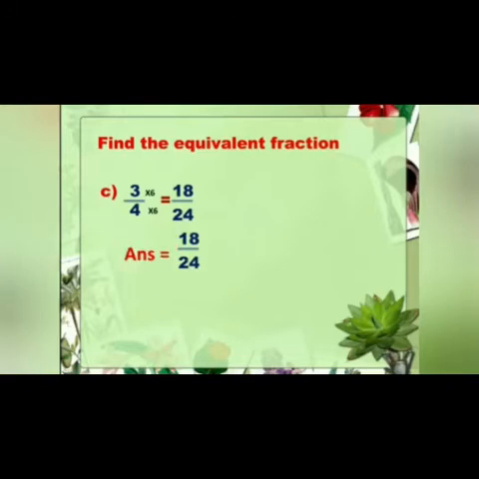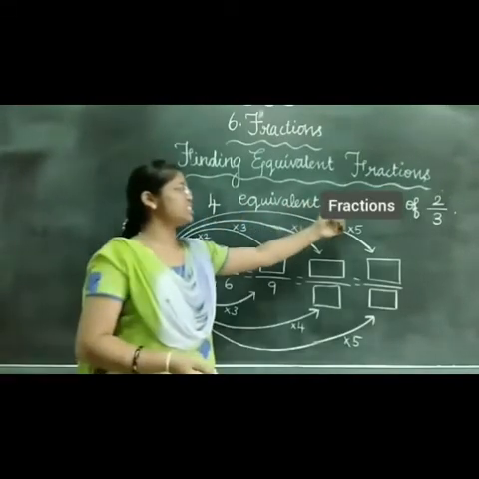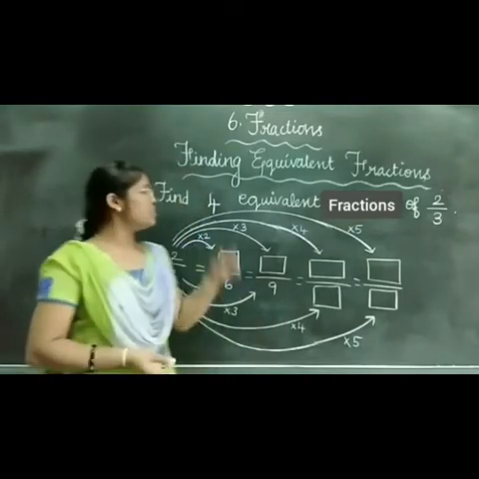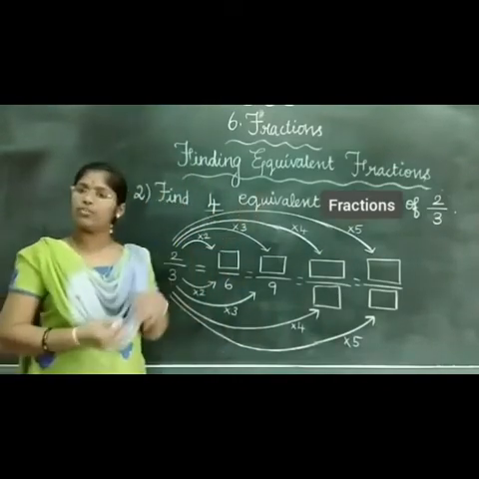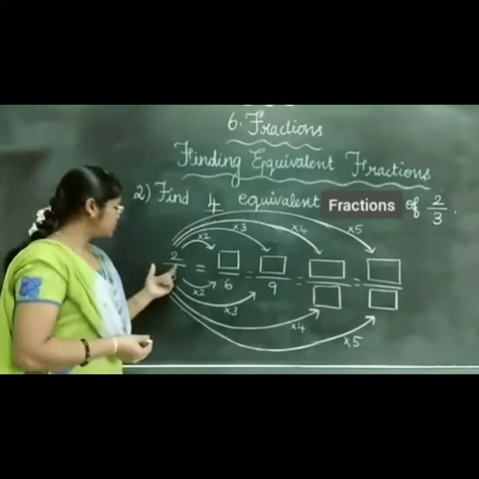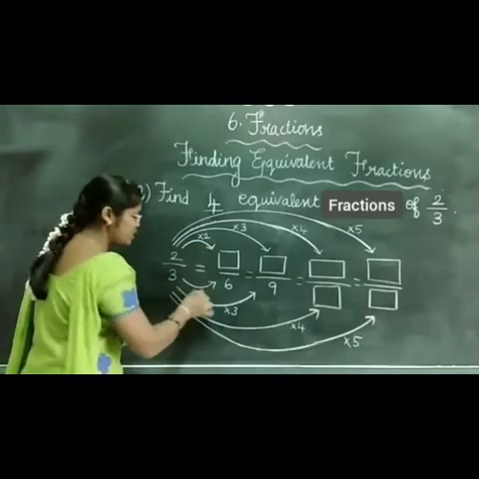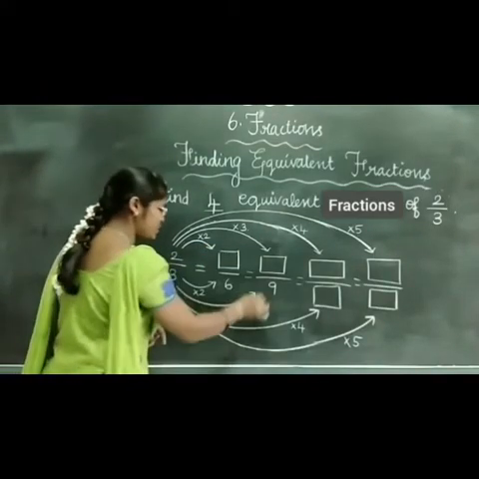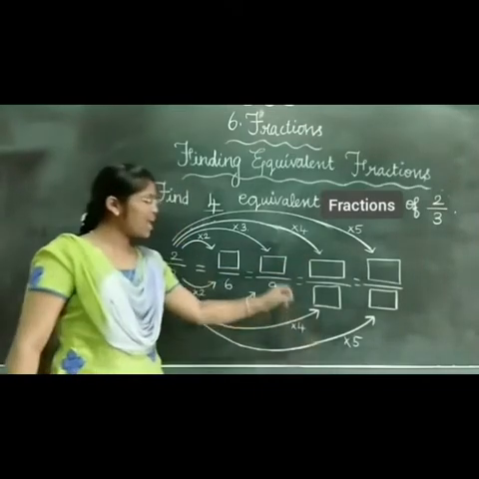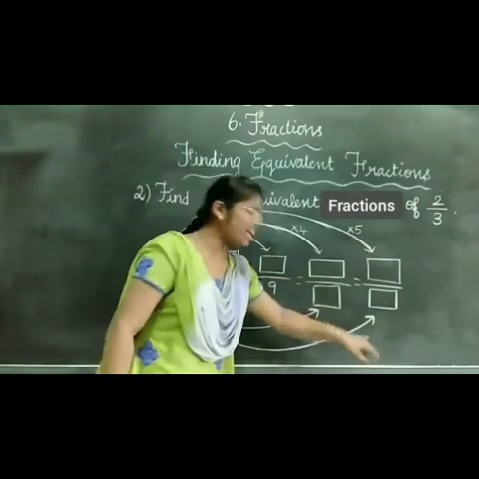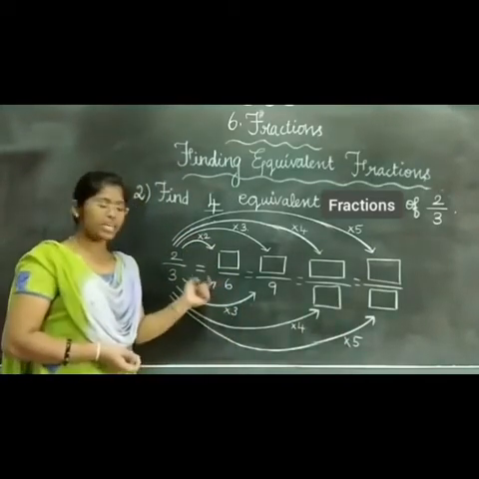Is it clear, children? Find 4 equivalent fractions of 2 by 3. The question is 2 by 3. First one multiply by 2 by 2. Second one by 3 by 3. Third one by 4 by 4 and fourth one by 5 by 5. First, we have to find the value for 2 by 2.